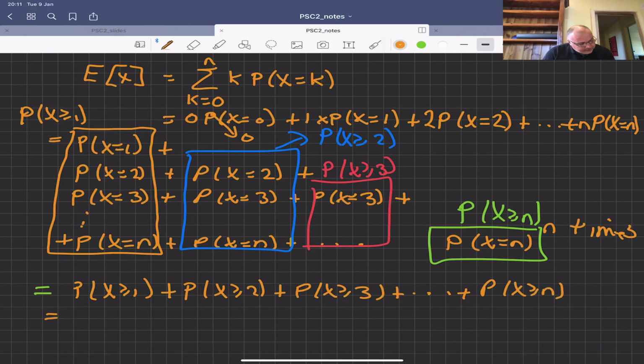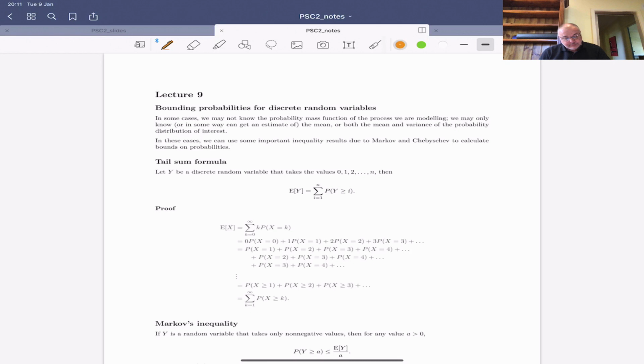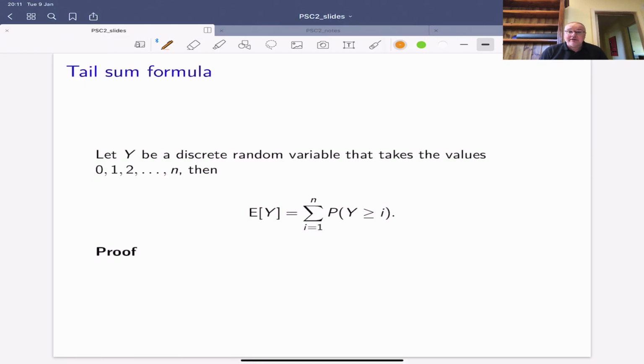The good thing about plus is I can rearrange the order. If you now write it back in summation notation, it's the sum from i equals 1 to n of the probability that X is greater than or equal to i, which is what we had there. So that's our tail sum formula.